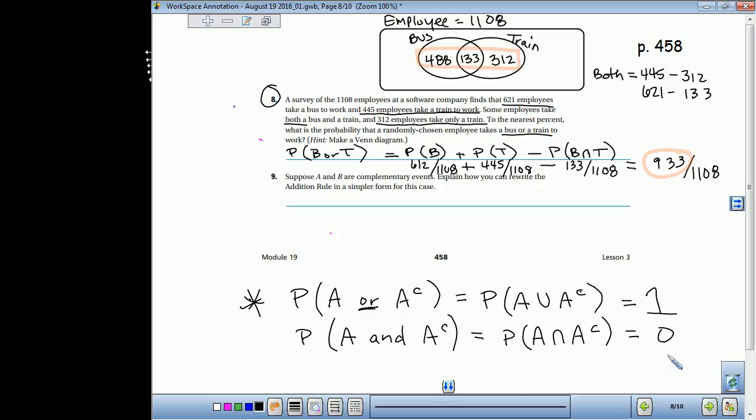There's no center point, none of them overlap. What is the probability that it's going to rain and not rain? Well, it can't rain and not rain. 0. What is the probability that it's going to rain or not rain? 1. 100%. Does that make sense?